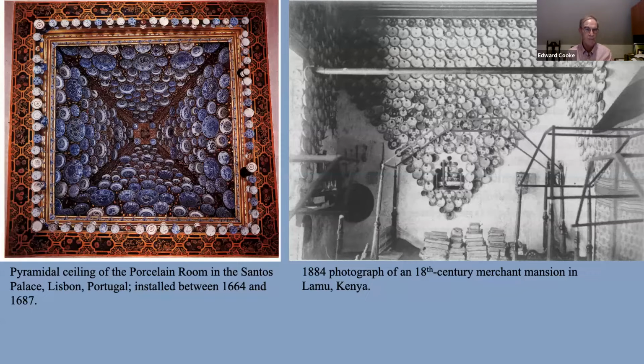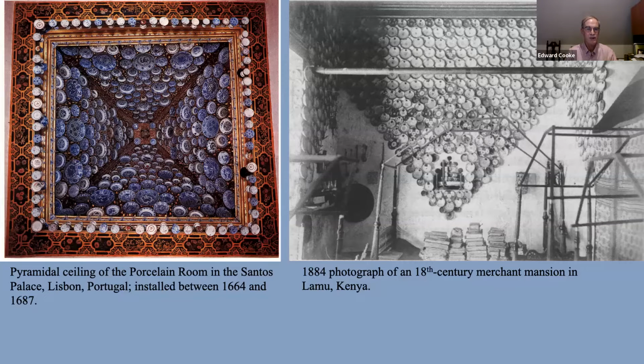And to see the ceiling of a room at the Santos Palace, this is looking straight up into a pyramidal ceiling with 200 and some odd plates that are providing the decoration for the inside of that particular pyramid.